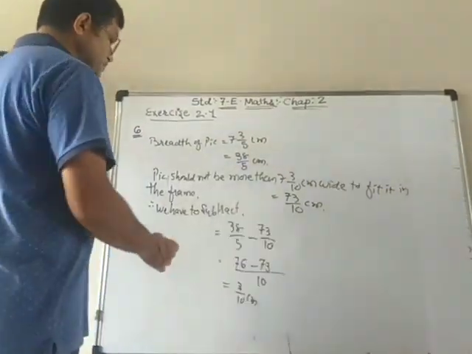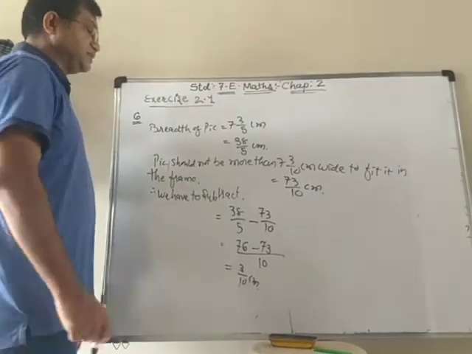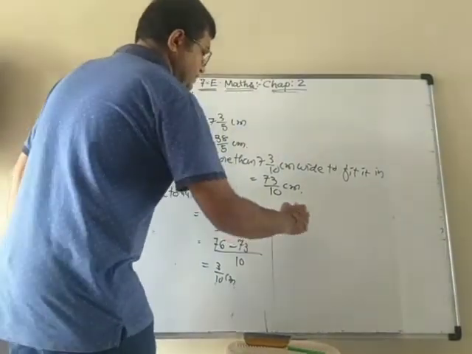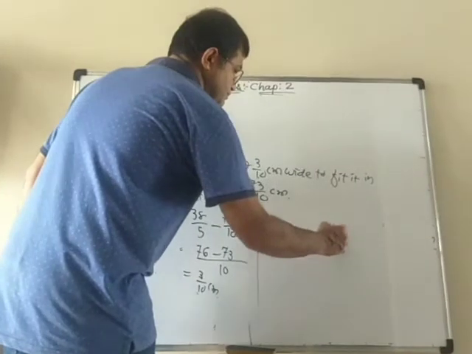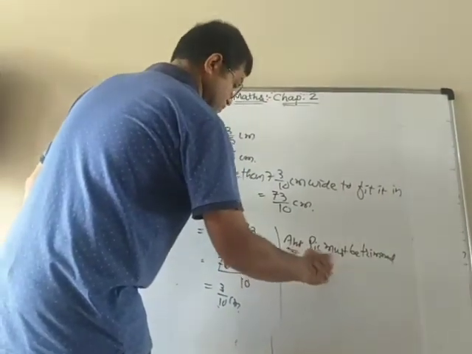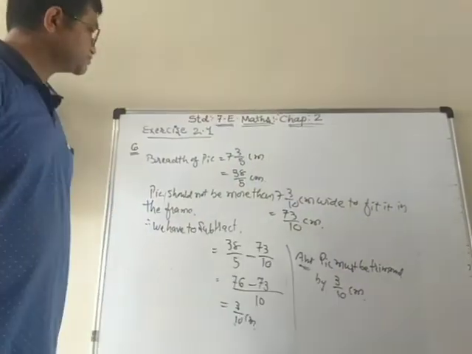It means that we have to trim it by 3 by 10 centimeter. So we can write down the answer that the picture must be trimmed by 3 upon 10 centimeter.